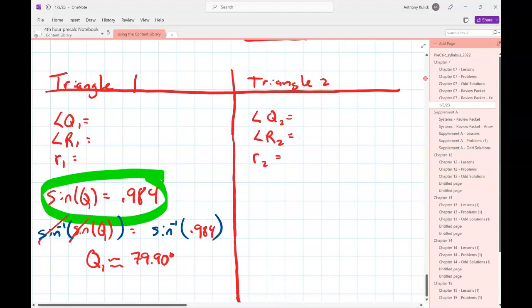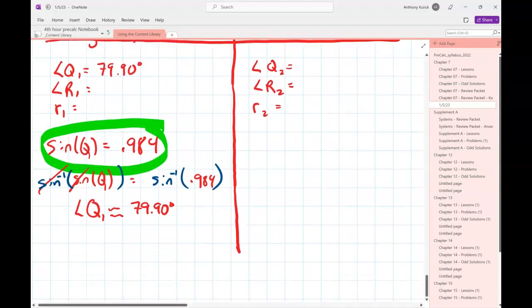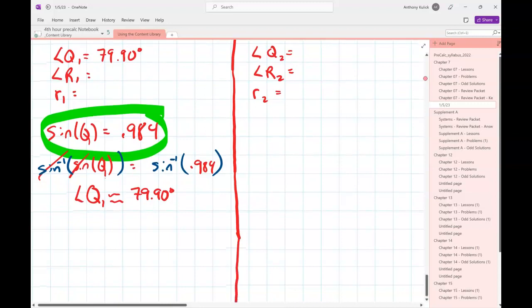So that's my value for angle Q1. Everybody's cool there? Okay. Angle R then is going to be real easy, right?